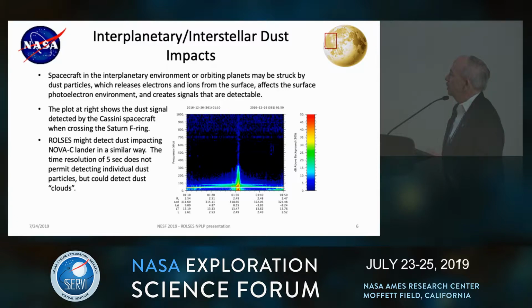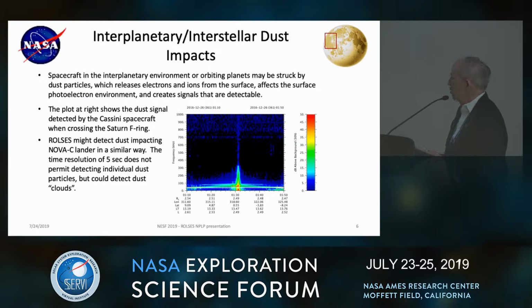Another phenomenon that we might detect is dust. Radio astronomy instruments on spacecraft typically detect dust when the particles strike the antennas or strike the spacecraft, because the impact releases electrons and ions from the surface, which affects the photoelectron environment and creates electrical signals that are readily detectable.